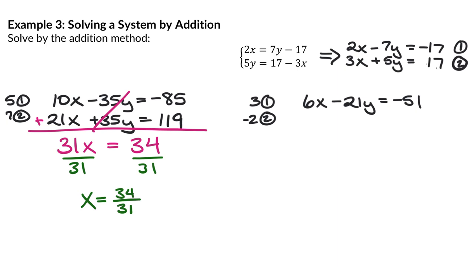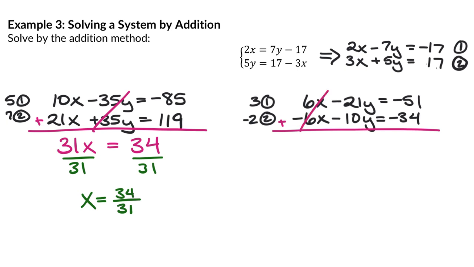And negative 2 times the entire bottom equation is negative 6x minus 10y equal to negative 34. So repeating just the first few steps of the addition method is totally viable if you don't want to back substitute the number you have because it's kind of ugly.